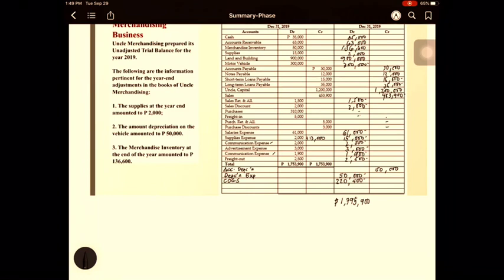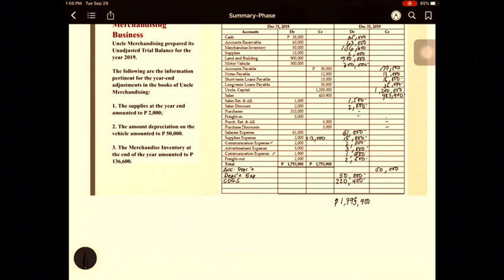So let's try. Okay, we have here 30,000. So we start here plus 12,000 plus 15,000. Okay, plus 35,000 plus 1,200,000.